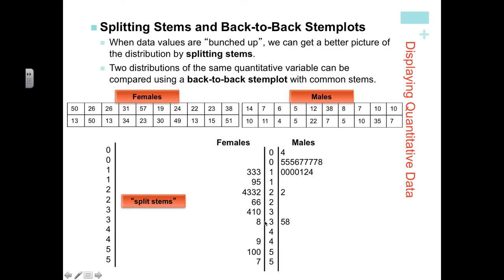Here's 22, here's 35, here's 38 on the female side. So it's easier to compare the distributions when they're back to back like this. You would still need a key, and you would do the key the same as your single.